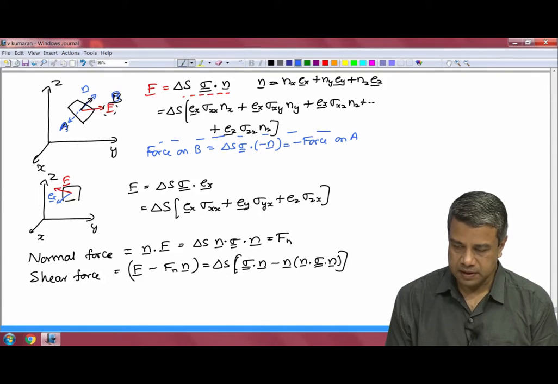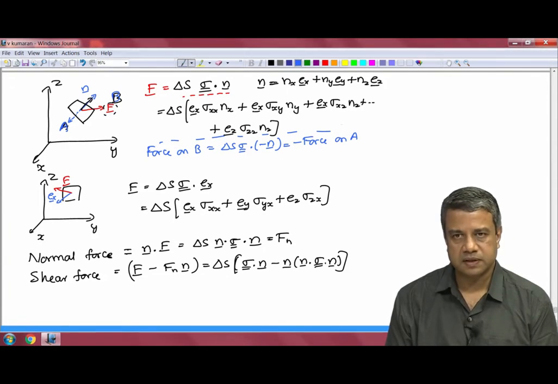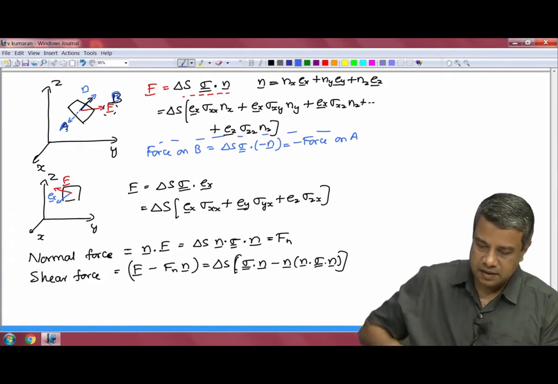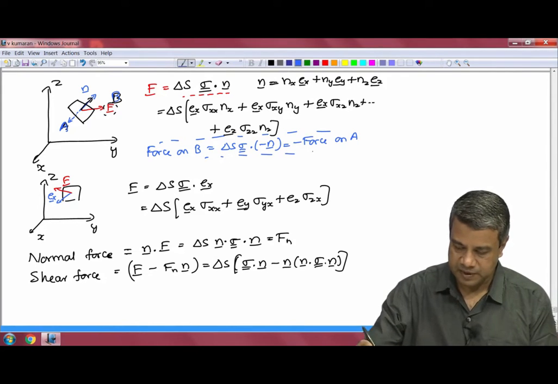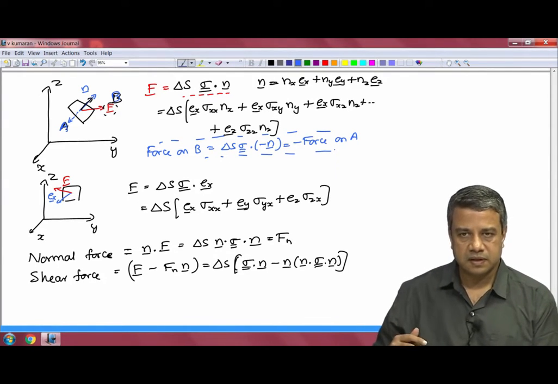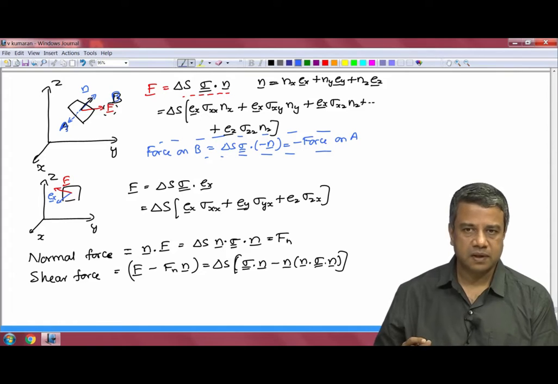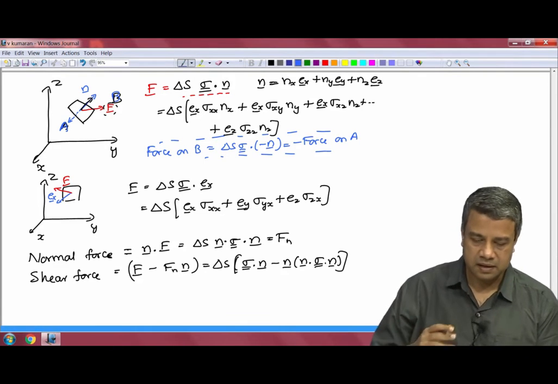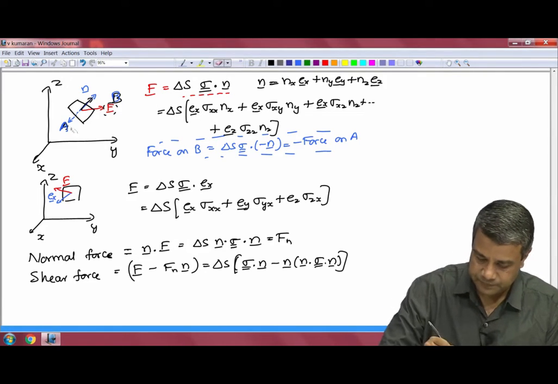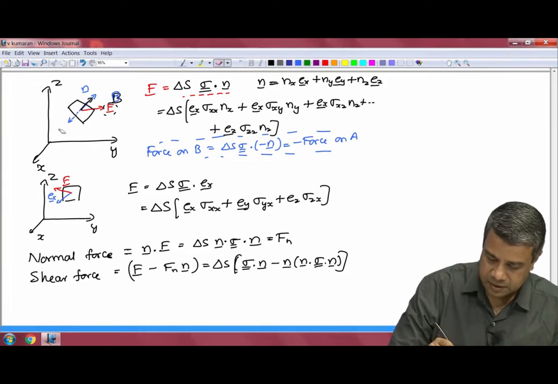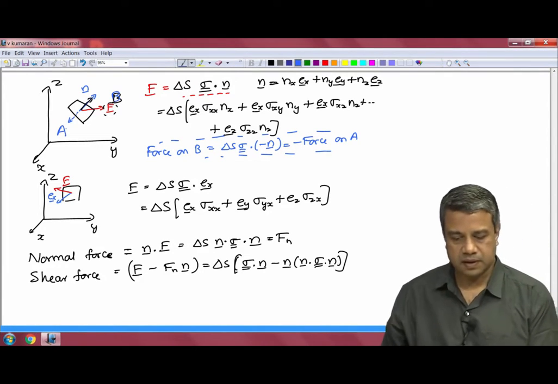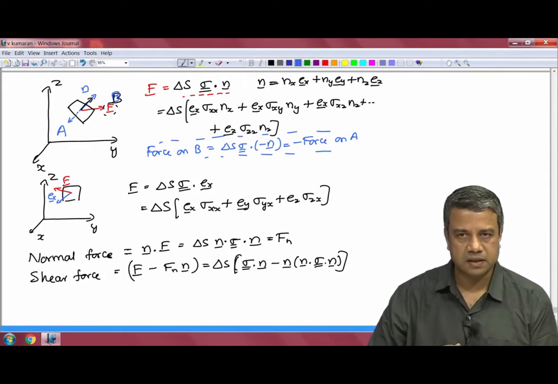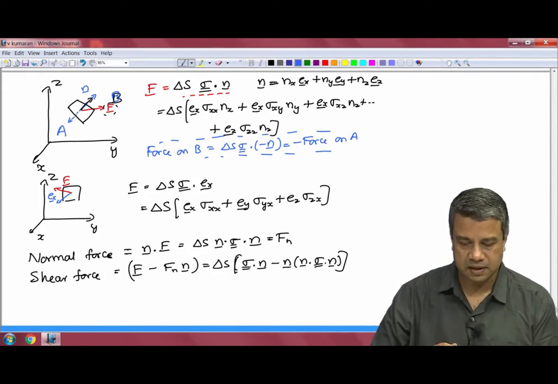And you can easily see that this force reverses in sign if the unit vector reverses in sign, because f of minus n is equal to minus of f of n. The surface of the volume A has an outward unit normal in the plus n direction.